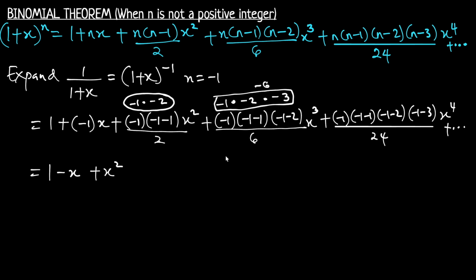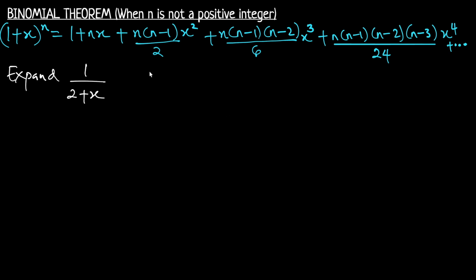So when you divide, you have negative 1, so this is going to be negative x cubed. You can guess what the next one is going to be. This is going to be negative 1, negative 2, negative 3, and negative 4. All of this ends up being positive 24, and that divides this. So we can go on and on and on.